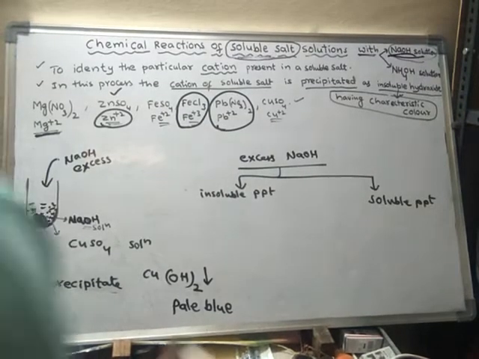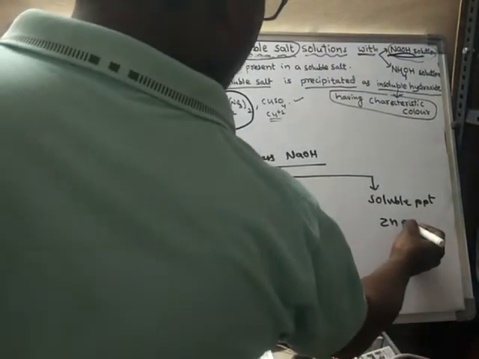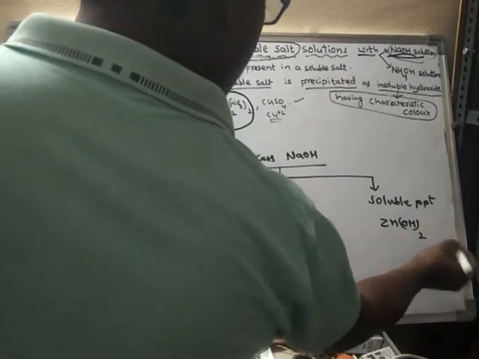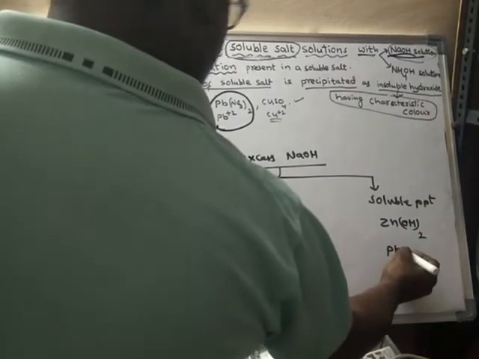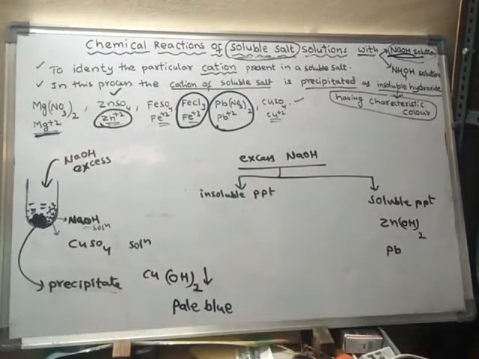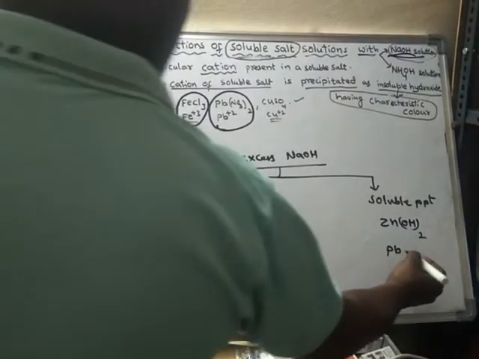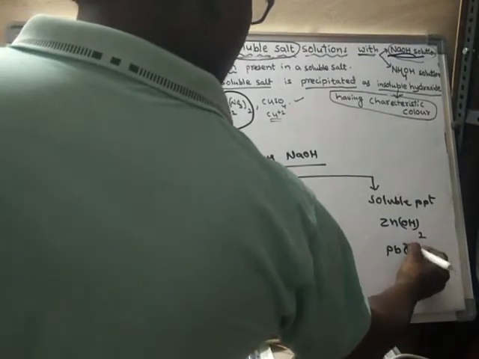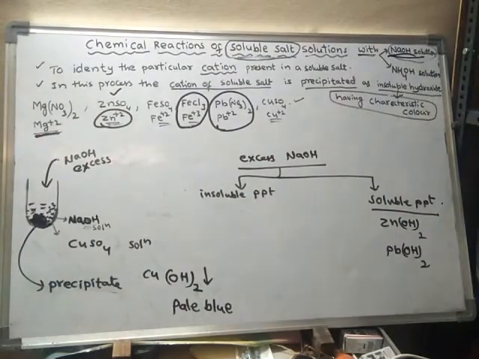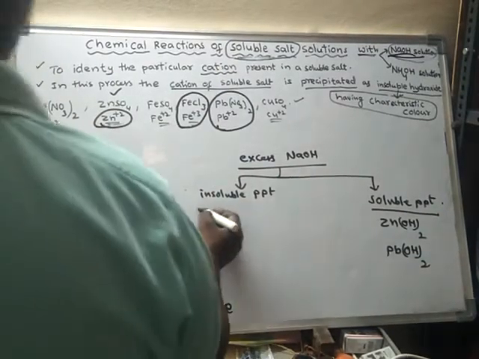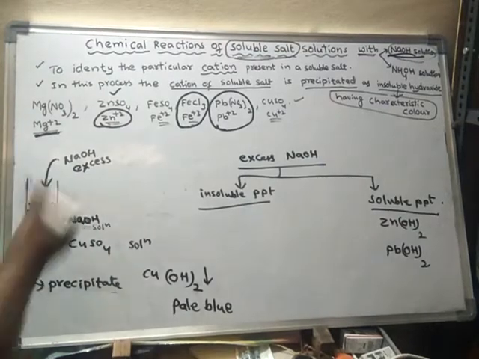The soluble precipitates are zinc hydroxide, a white gelatinous precipitate, and lead hydroxide, which is a chalky white color. These two are soluble in excess NaOH.